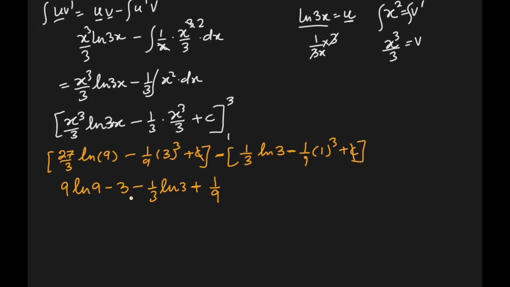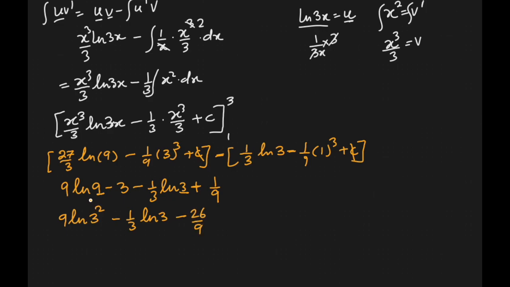Okay, so let's do this. This is natural log 9, this is 3. So can I write this as 9 natural log 3 square? Then minus 1/3 natural log 3, then minus 3 and plus 1 over 9 will be minus 26 over 9.